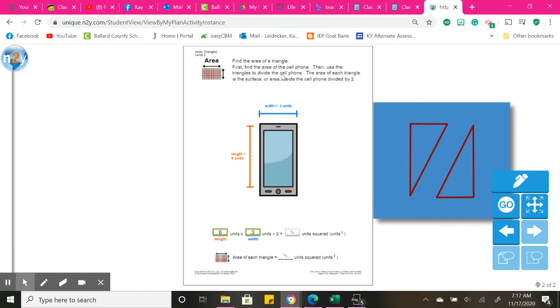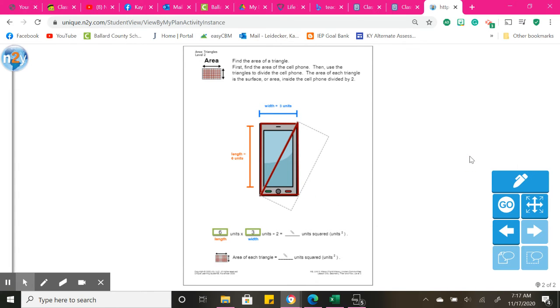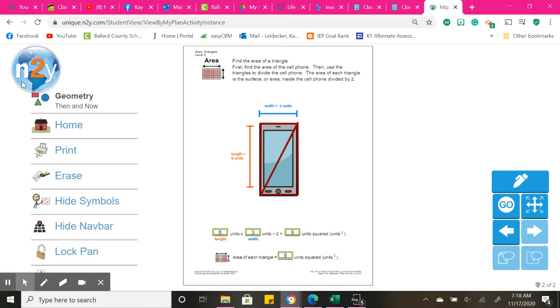It says, then use the triangles to divide the cell phone, so here and here. The area of the triangle is the area inside the cell phone divided by 2. So we had 6 times 3, which was 18, and then we divide 18 by 2, which is 9. So the area of each triangle is 9. This triangle is 9, this triangle is 9.